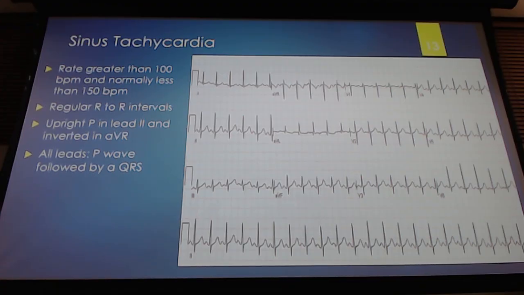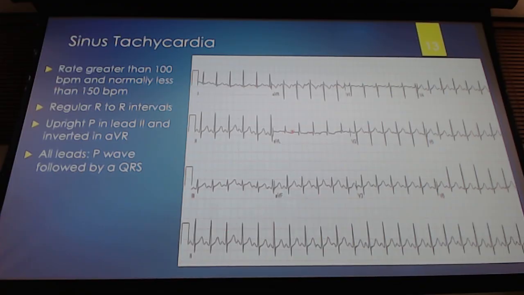Okay, this is a narrow complex regular. Okay, and we're looking for those P waves. Because this is a sinus tachycardia, meaning it's coming from the SA node down to the AV node, down to the ventricle. So we should see PQRST. Our QRS complexes are just going to be really close together because this is a really fast heart rate.